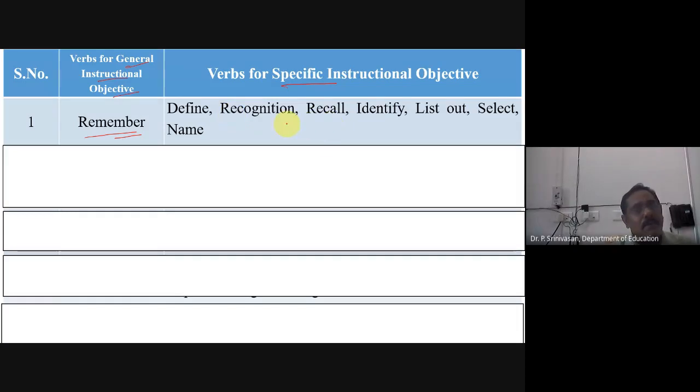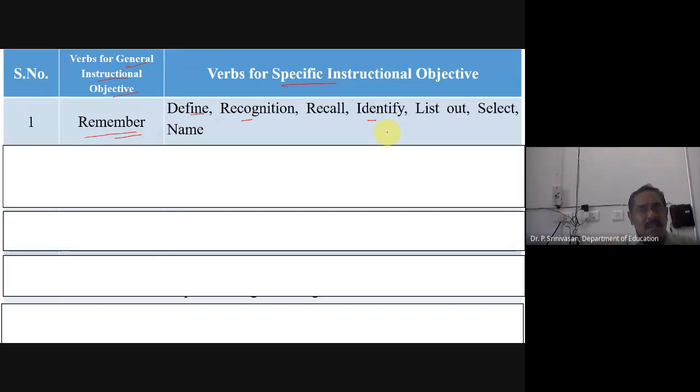If I am at the remember level, what do I have to do? I have to define, recall, recognize, identify, list out, or name. For example: name any one scientist. Select the material which will float on water from among the materials.